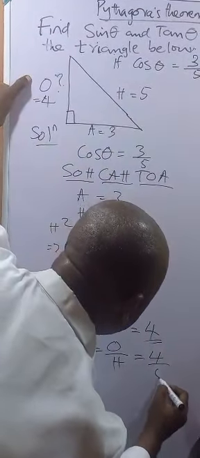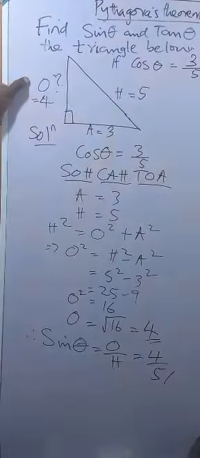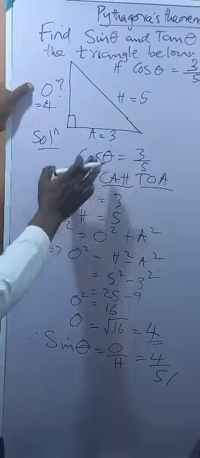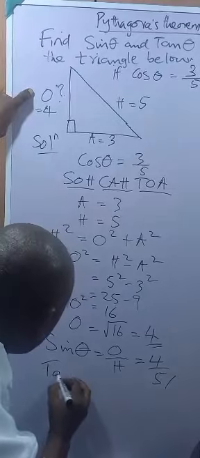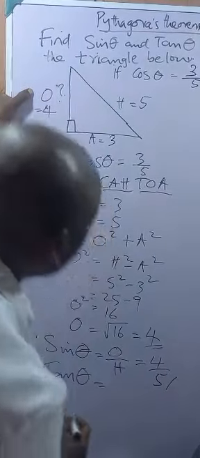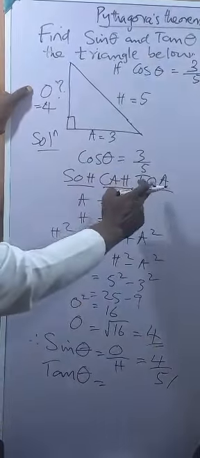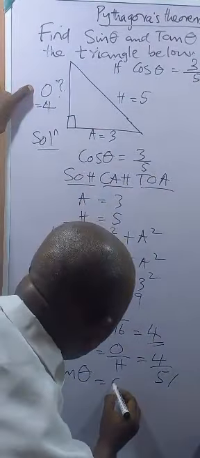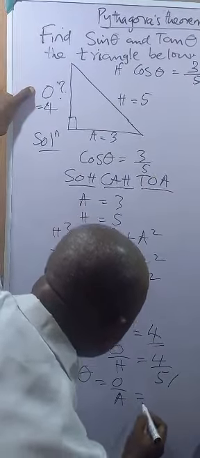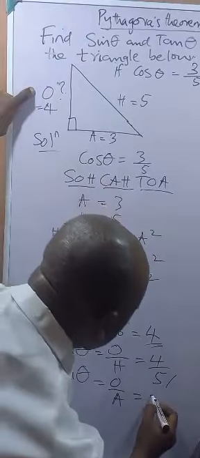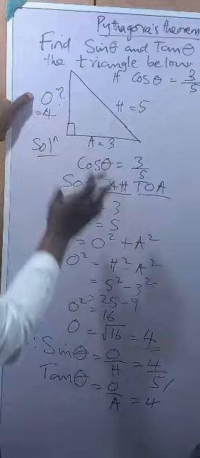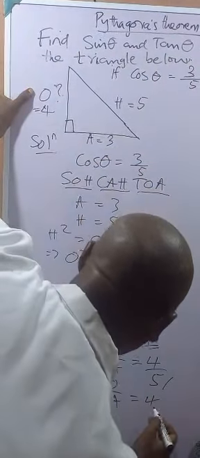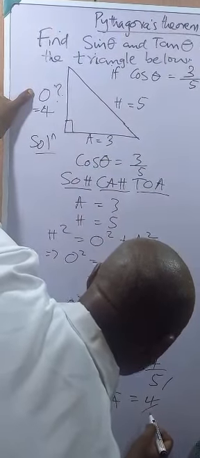Tan theta is the next one we have to find. From our SOHCAHTOA, it is opposite over adjacent, and that is equal to 4 over 3.